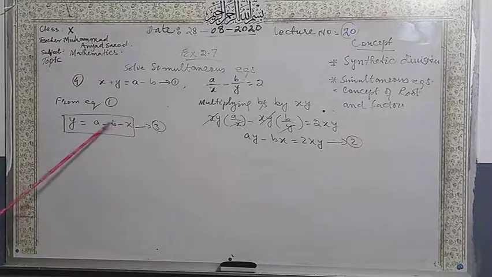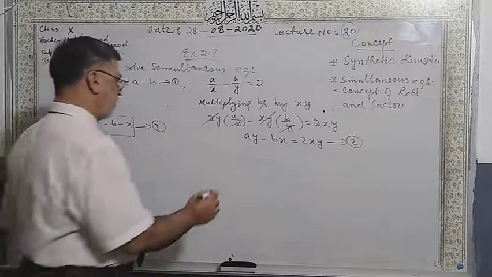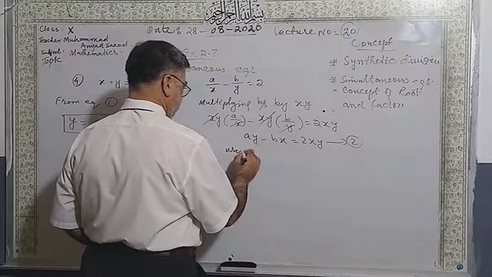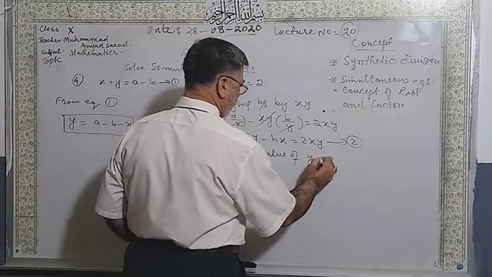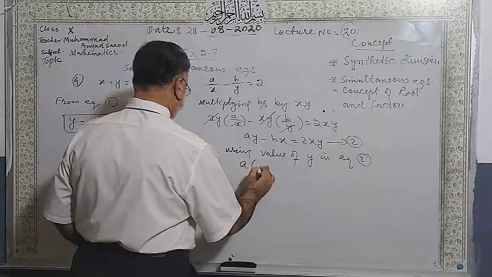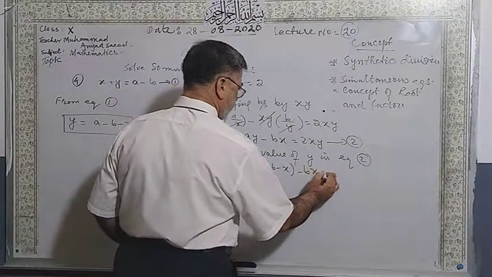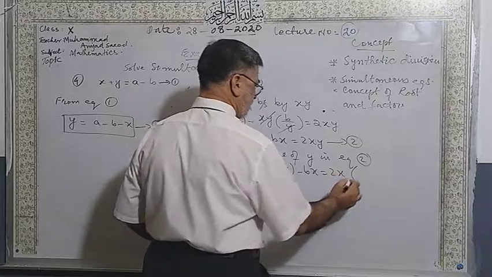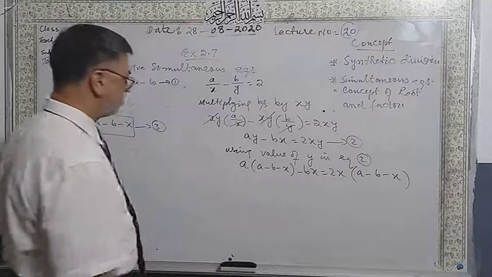Now using this value of y in equation number 2: a into (a minus b minus x) minus bx is equal to 2x into (a minus b minus x).